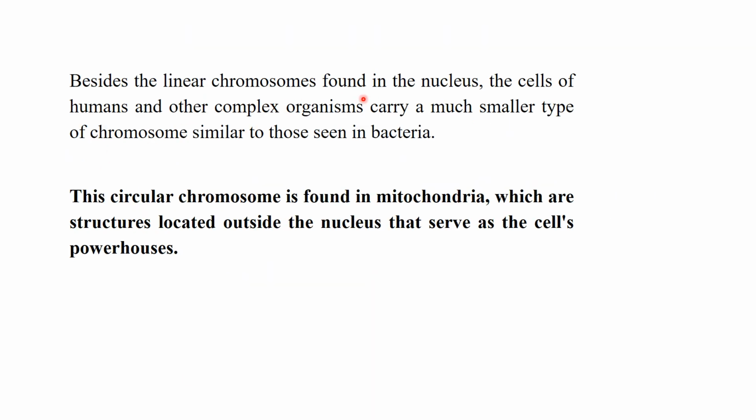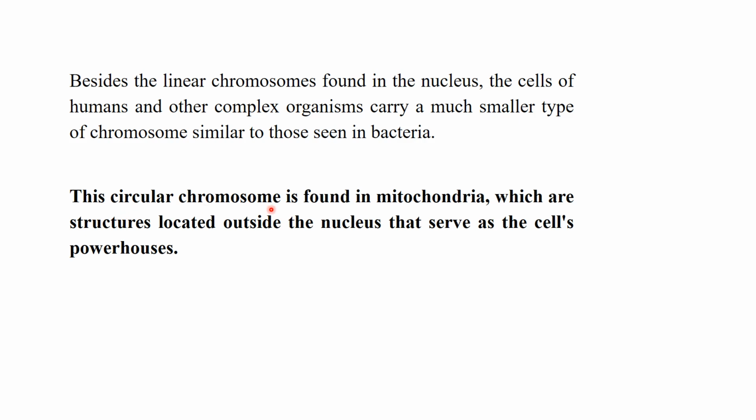Besides the linear chromosomes found in the nucleus, the cells of humans and other complex organisms carry a much smaller type of chromosome similar to those seen in bacteria. They are called extra chromosomal hereditary material, present in the mitochondria in the case of animals, and in the case of plants present in the chloroplast, which is responsible for cytoplasmic inheritance.